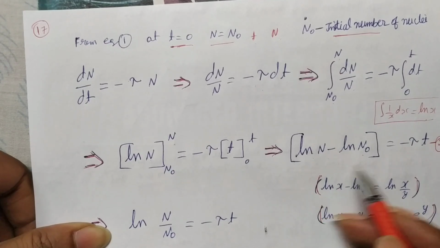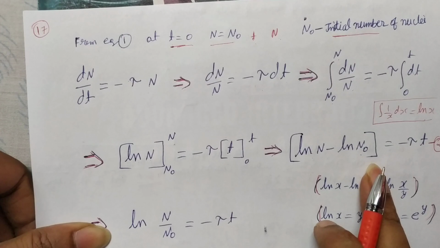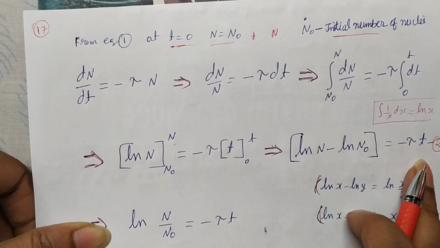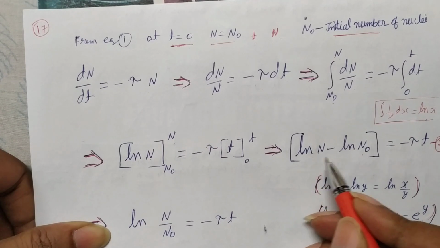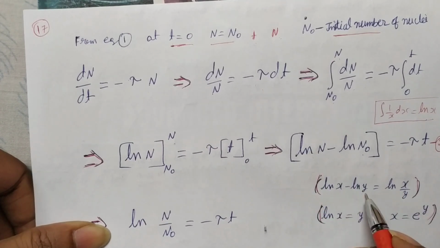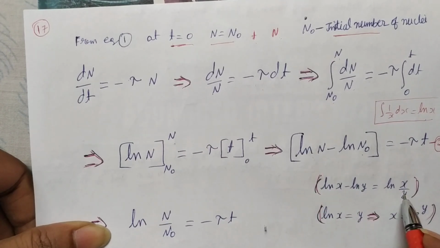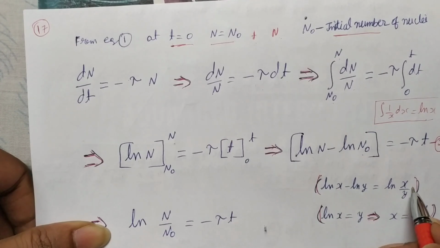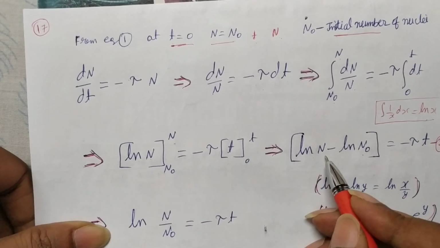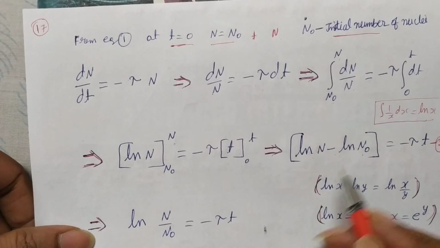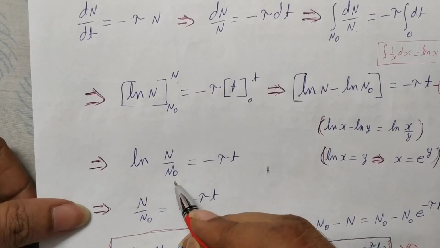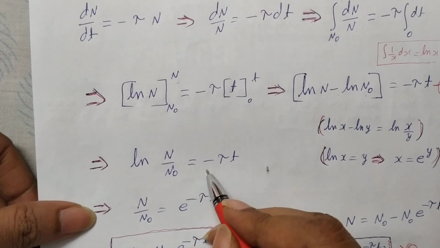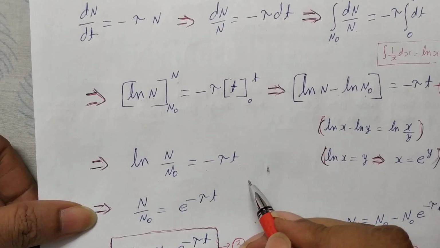Further we can use this to explain the graph, and here equation 2 you can write. Now you see log x minus log y you can write as log x by y. Log x plus log y you can write as log of x into y. Here log N minus log N naught we can write as log N by N naught is equal to minus lambda t.